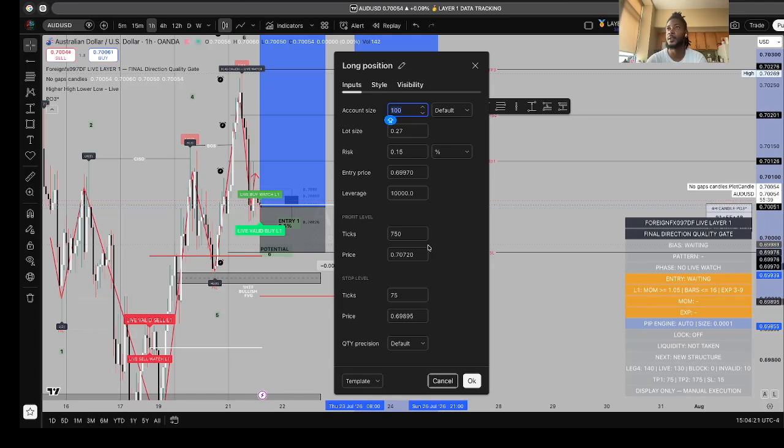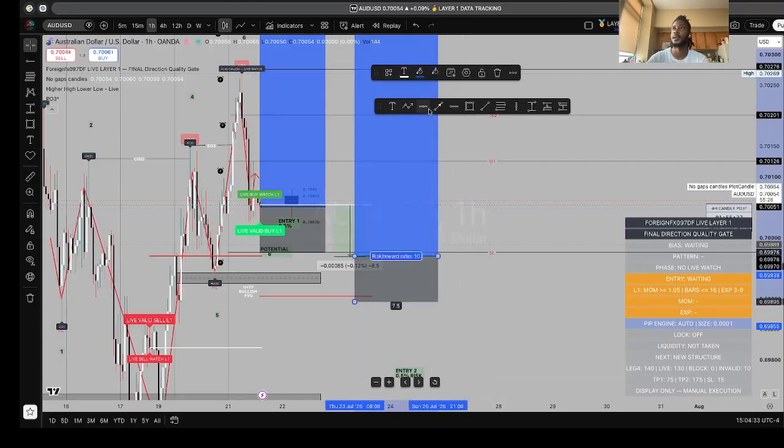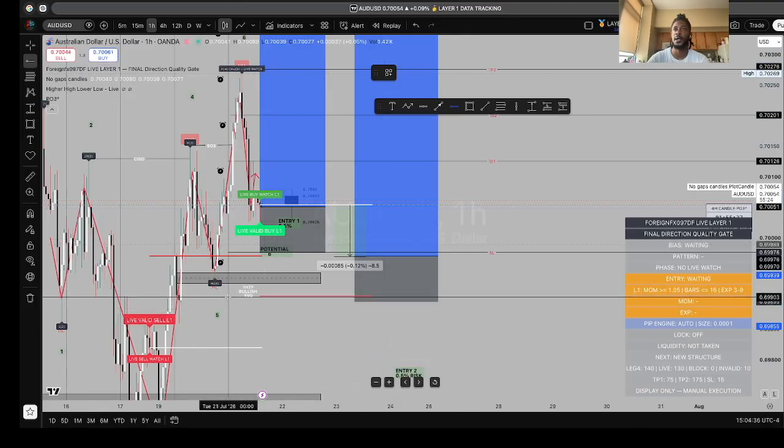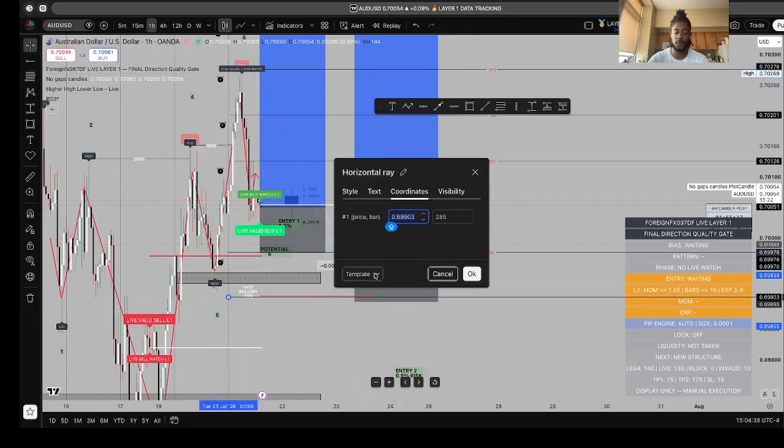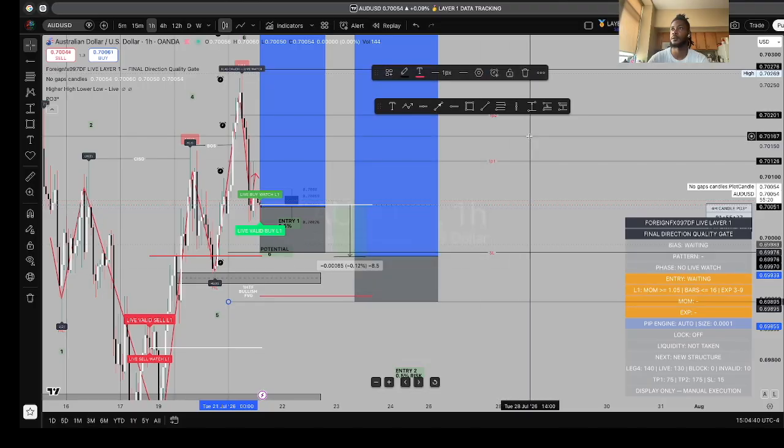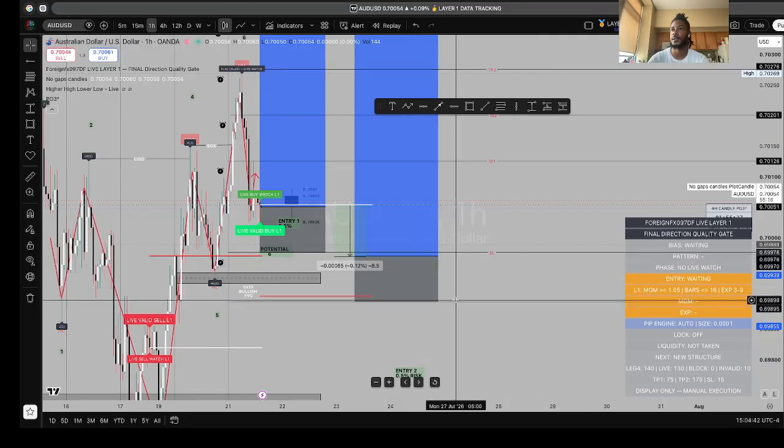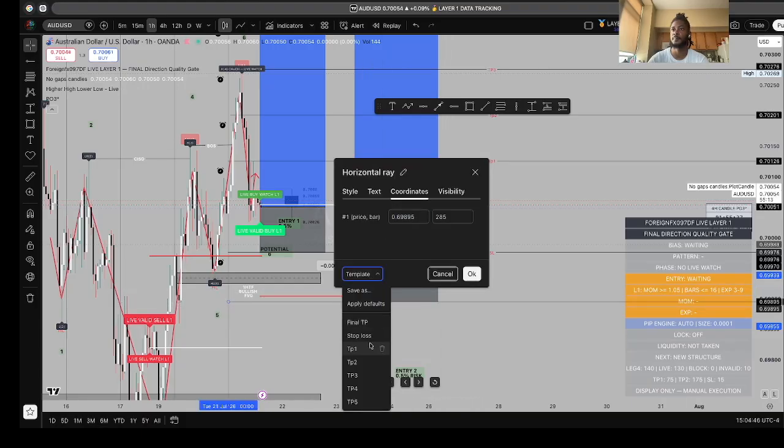So let's double check. 699. Okay. We have 0.5% risk right there. And we're not gonna put the stop as of yet. And I am gonna put an alert for the second entry as well, and I am going to label that.